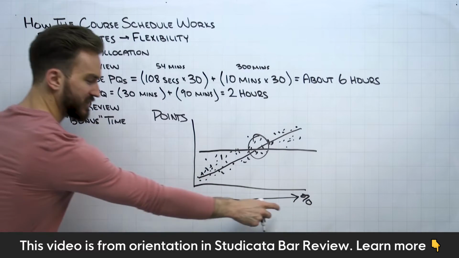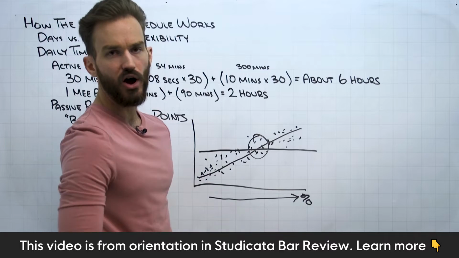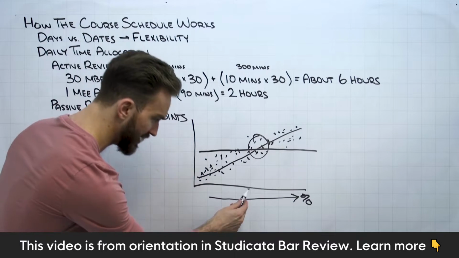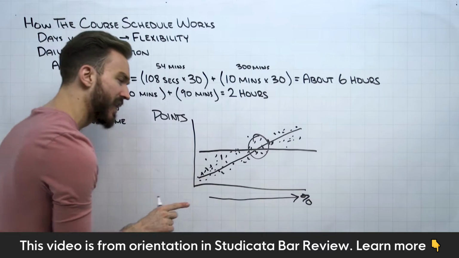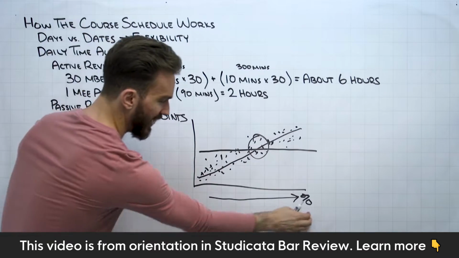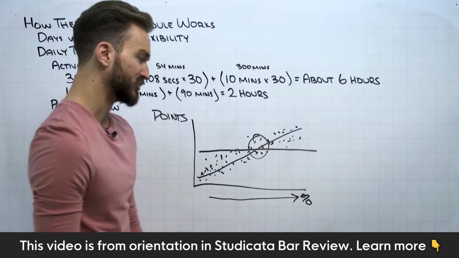Because the more percent of the program you complete, the higher the points typically are in any bar review course that you're using. So we want to get out of the way as much as possible and move everybody that way down the x-axis, because we know the more percent of the program you complete, the more points that's usually going to result in.